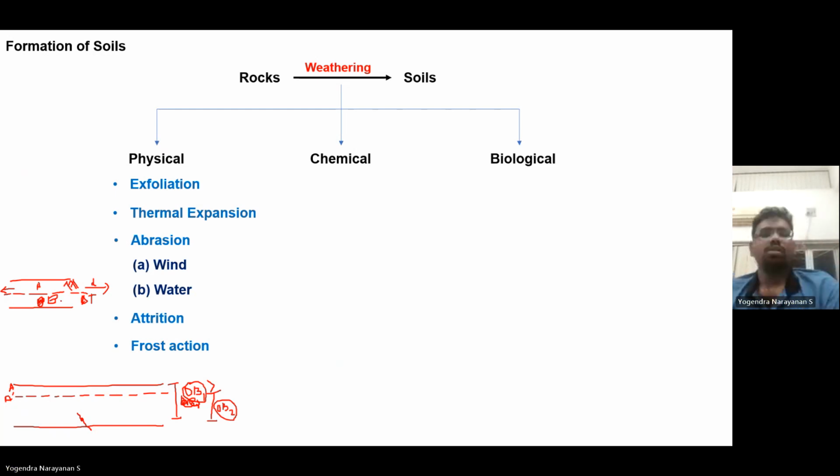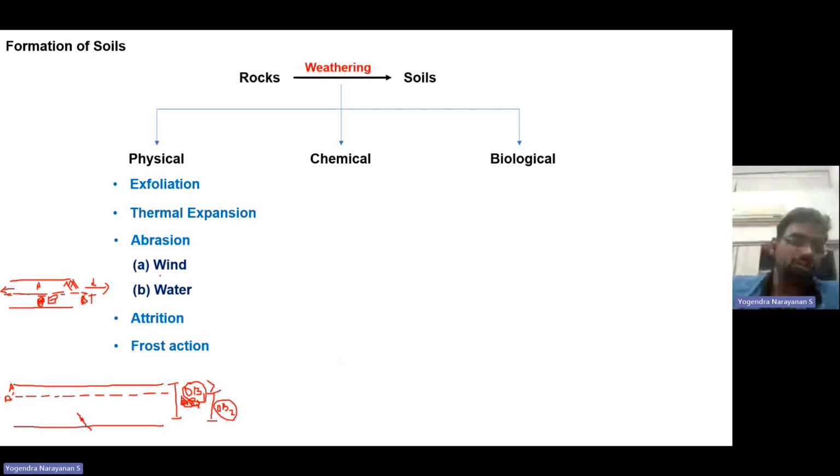So this results in unequal thermal stresses. Those from civil and mechanical engineering backgrounds would have solved this in solid mechanics. It is a wonderful problem of solid mechanics, the generation of thermal stresses in a composite matter. So this results in thermal stresses, which eventually lead to failure and subsequent disintegration of rocks. So this is the aspect of thermal expansion.